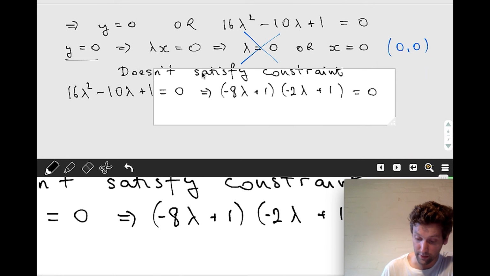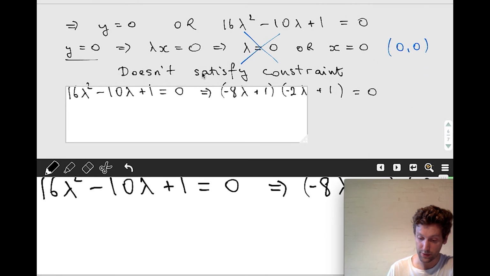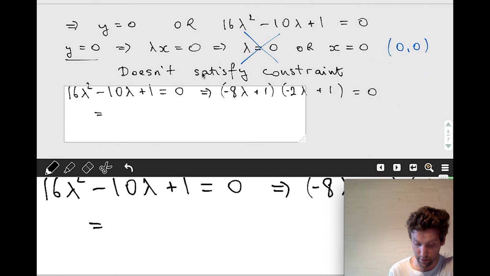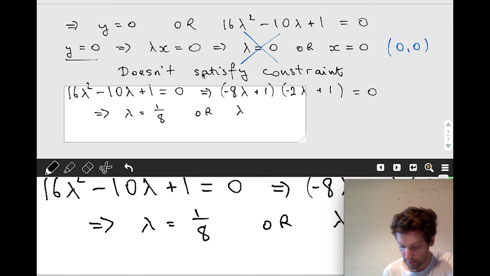So let's just check that. We see that we get minus 8 lambda times minus 2 lambda is 16 lambda squared. 1 times 1 is 1. And we have minus 8 lambda minus 2 lambda is minus 10 lambda. So we see that we have two solutions here. We've got lambda is equal to 1/8, or lambda is equal to 1/2.